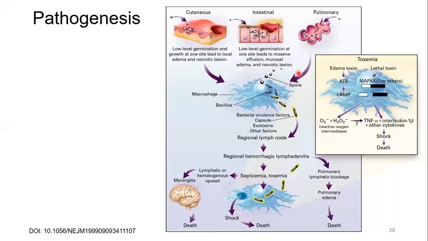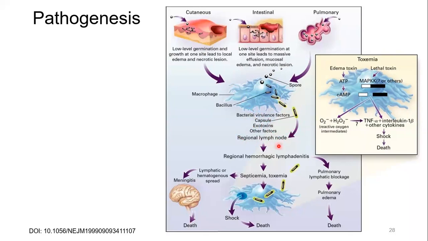So they're then taken up by macrophages at the site of infection. They germinate into the bacilli, and then release the virulence factors, mainly the capsules and exotoxins.